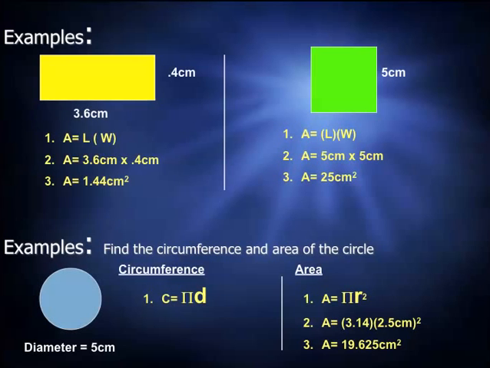Circumference, again, formula, substitute. What do you get for an answer? Caitlin? 15.7. Okay, what should the units be here?